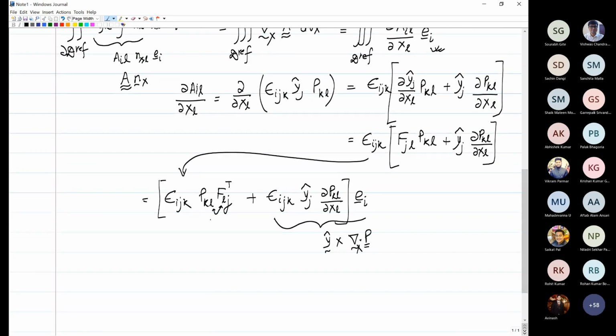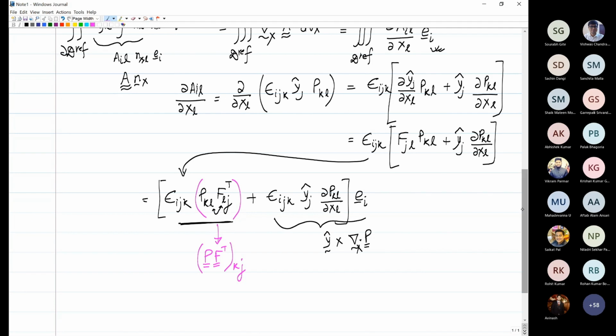But what is this one over here? Now you see that this thing is, if you think of PF transpose, then it's the KJ component of PF transpose, isn't it? So yesterday we had here sigma KJ, and here we have P KL into F transpose LJ.